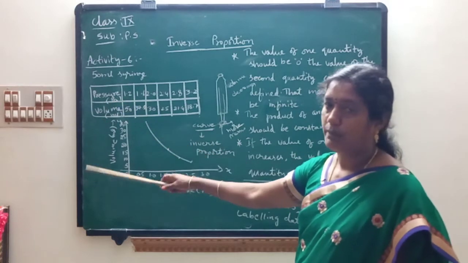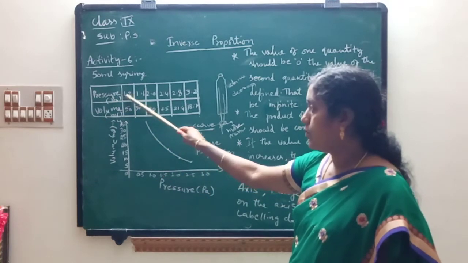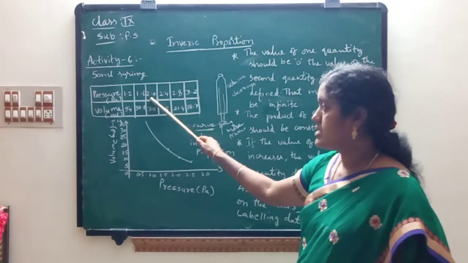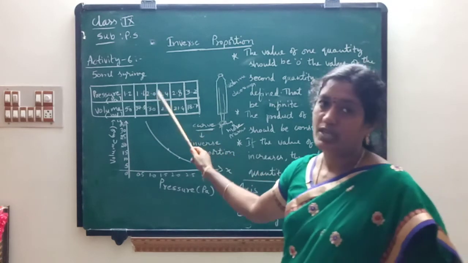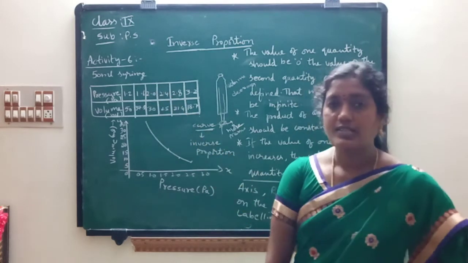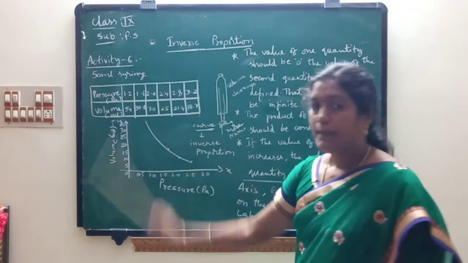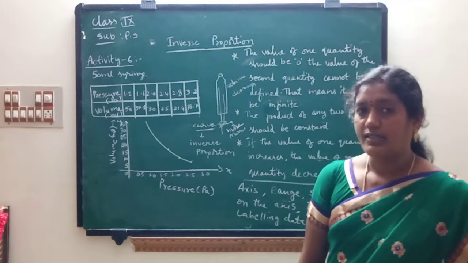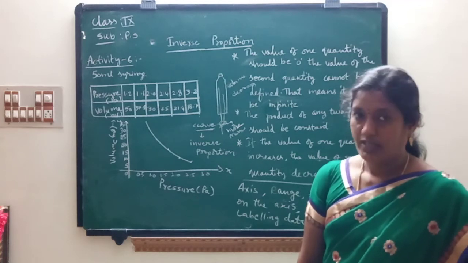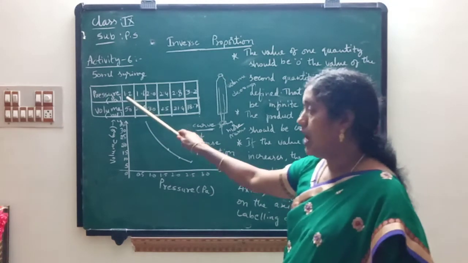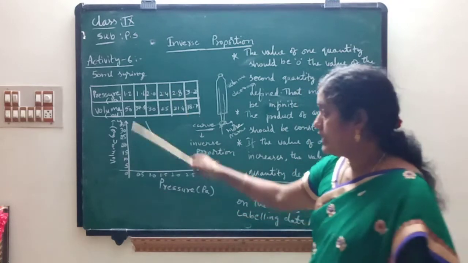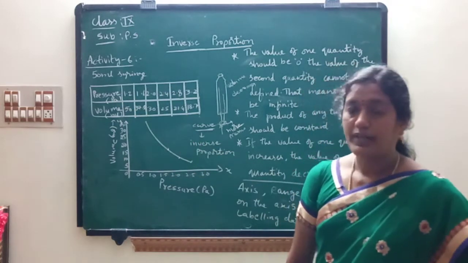We can apply 1.2 pascals, 1.6 pascals, 2 pascals, 2.4 pascals, 2.8 pascals, 3.2 pascals, like this. So pressure is taken as the independent variable because it is our wish.